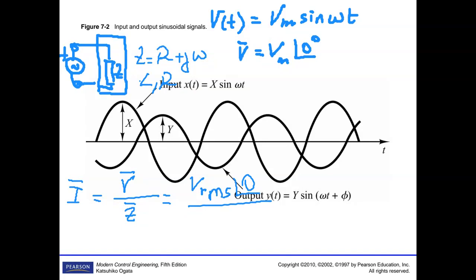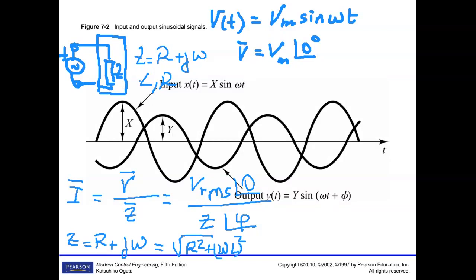Since Z is equal to R plus j omega L, which is equal to square root of R square plus omega L square, at angle phi.